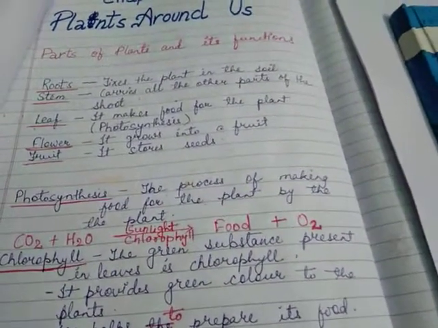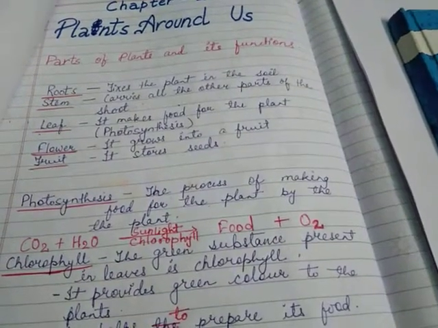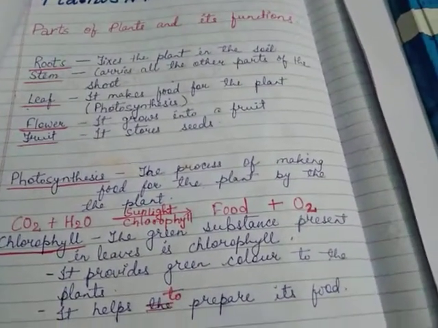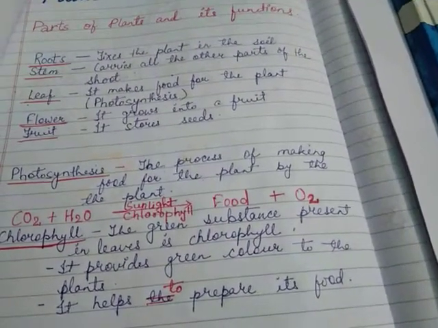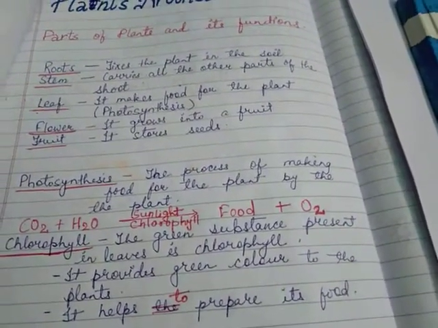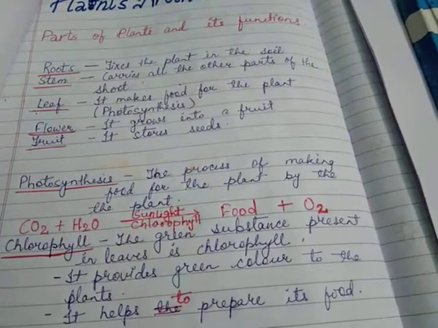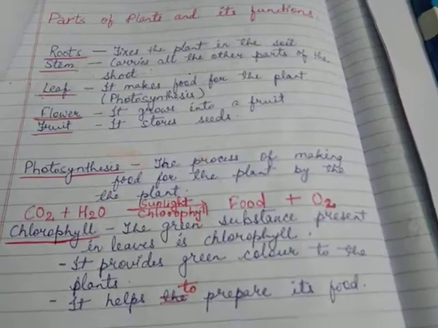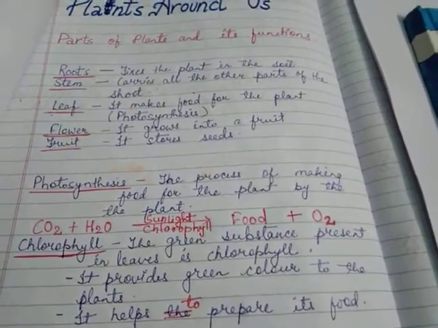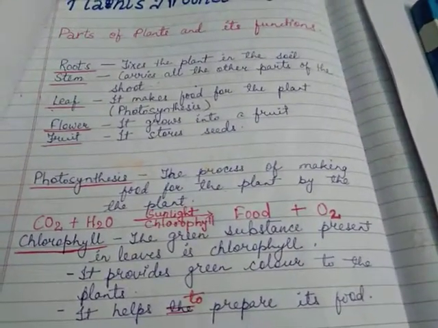And now comes fruit. Fruit stores seeds to reproduce new plants. Okay, fruit contains seeds. When you eat different types of fruits, you find different types of seeds in it.